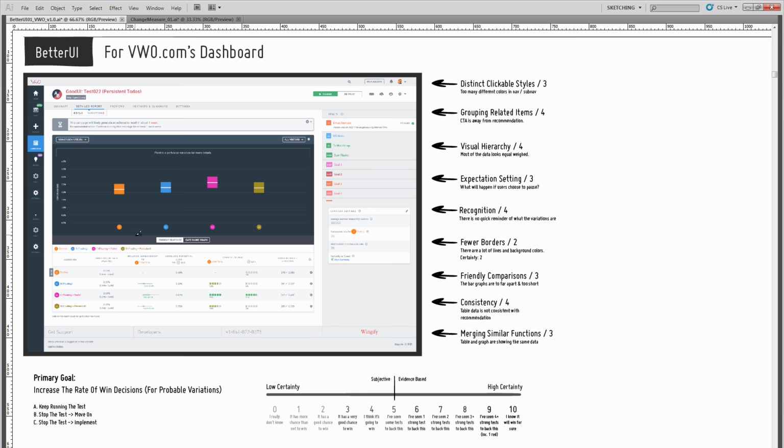Or ideally, if we're doing our job pretty well, stopping the test and claiming a winner or implementing a particular variation. So actually finding a winning variation.